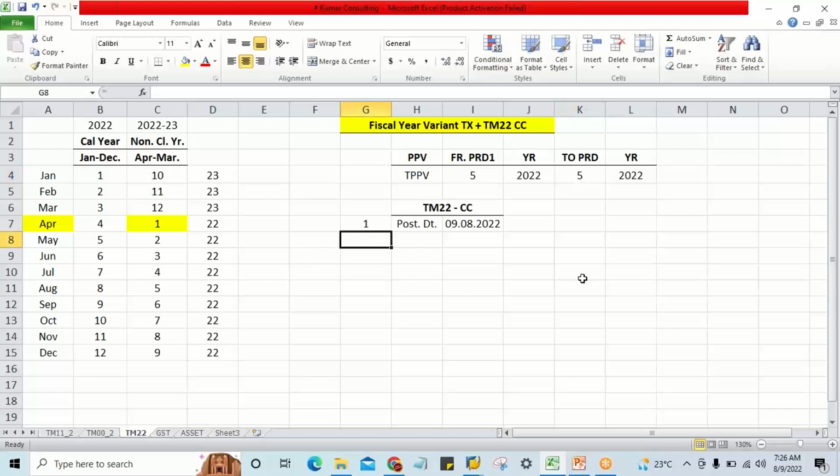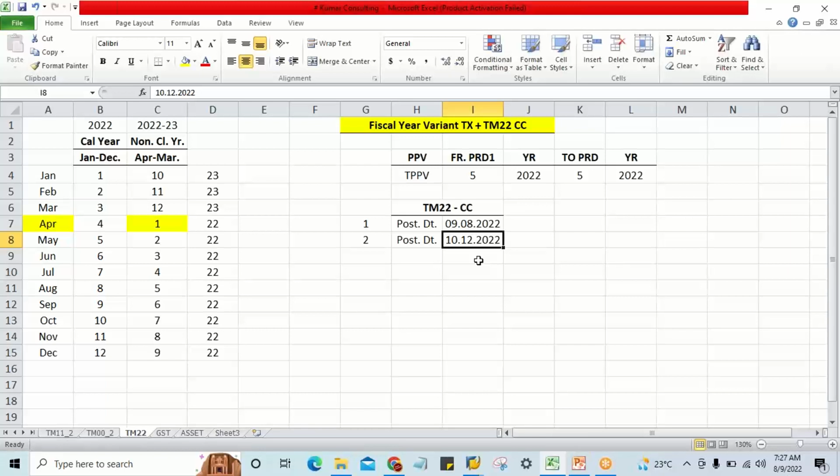Now let's suppose I set scenario number 2. The posting date is, let's suppose, 10th of December 2022. So here, 12 means December as per our calendar year. See, if you talk about users, we are totally habituated to calendar years and calendar dates only, right?